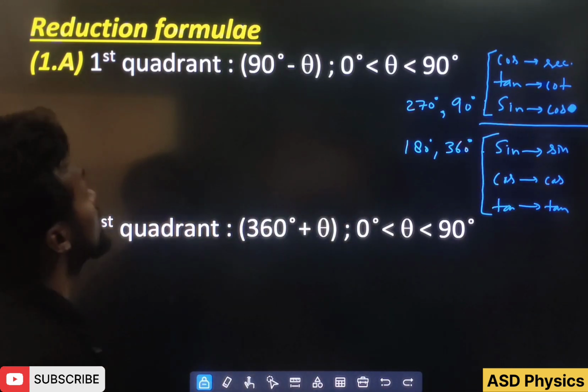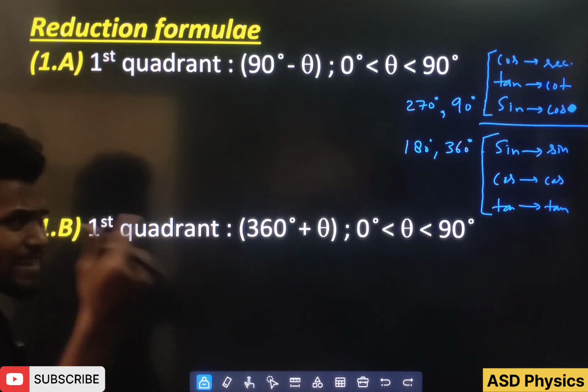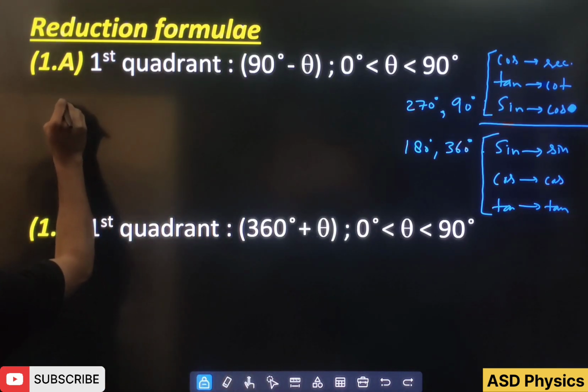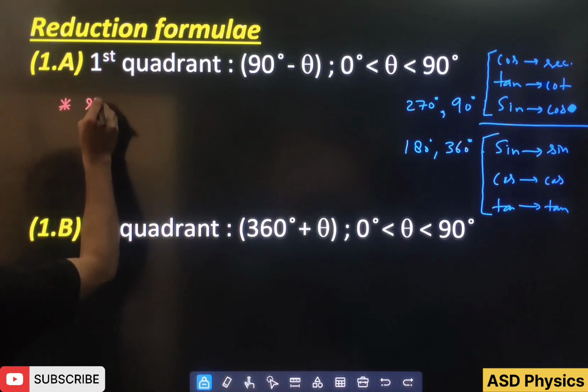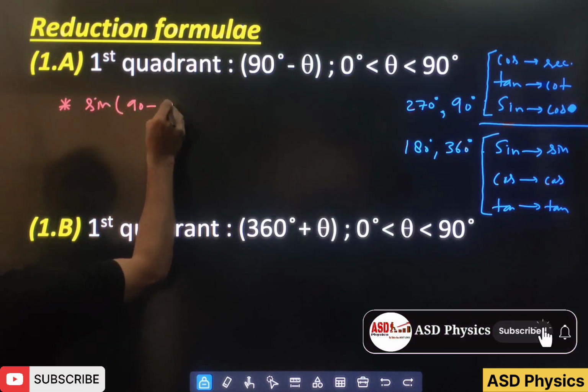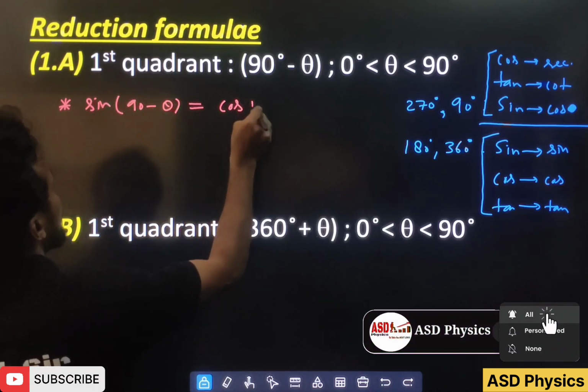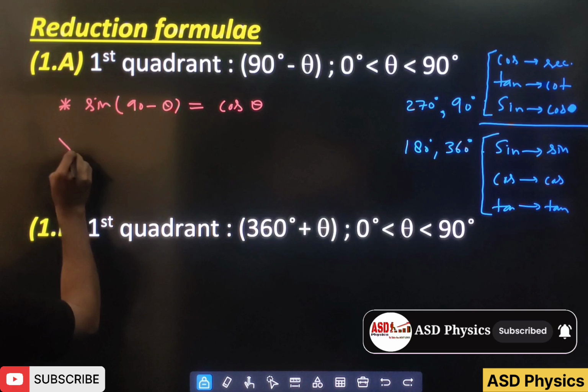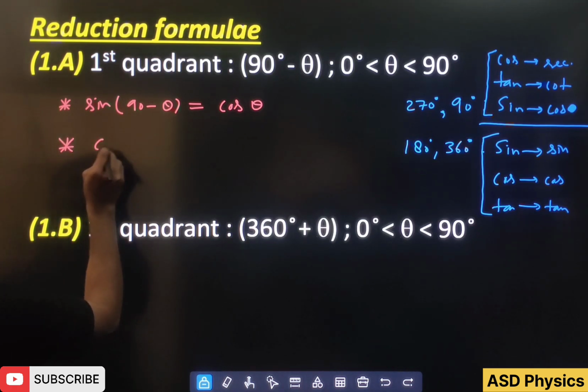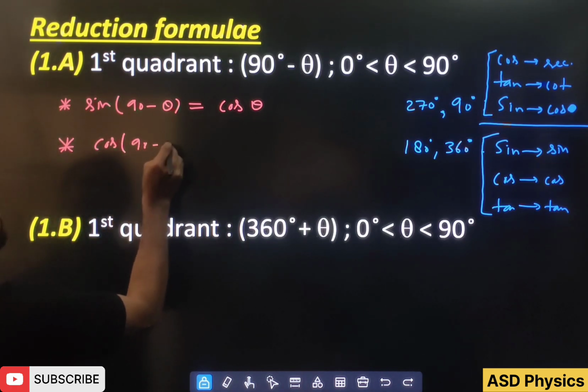Now see this. In the first quadrant, everything is positive. That means if I write sine 90 minus theta, it becomes cos theta, as I have told you. After that, if I write cos 90 minus theta, it will become sine: sine to cos, and cos to sine.